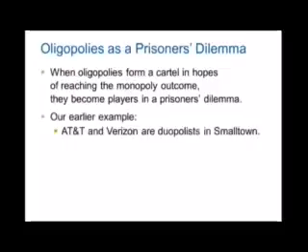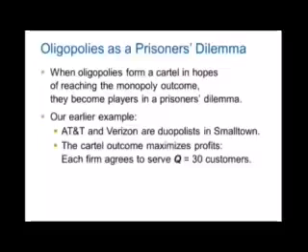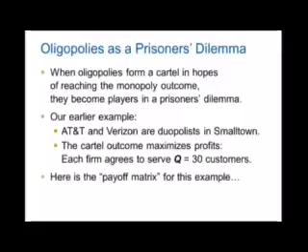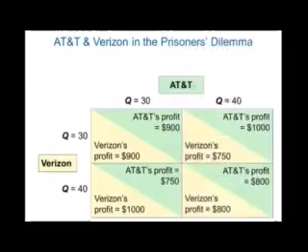So in our earlier example, AT&T and Verizon are duopolists, and they want to maximize profits, so each firm decides to serve Q equals 30 customers. So here's the payoff matrix that we get. If both AT&T and Verizon serve 30 customers, their profits are 900.